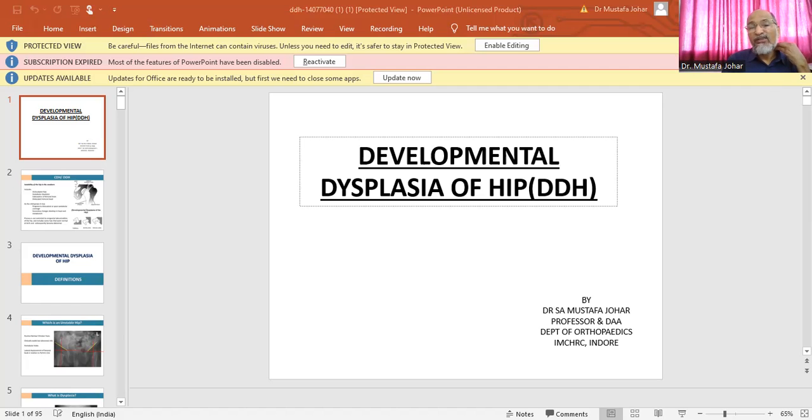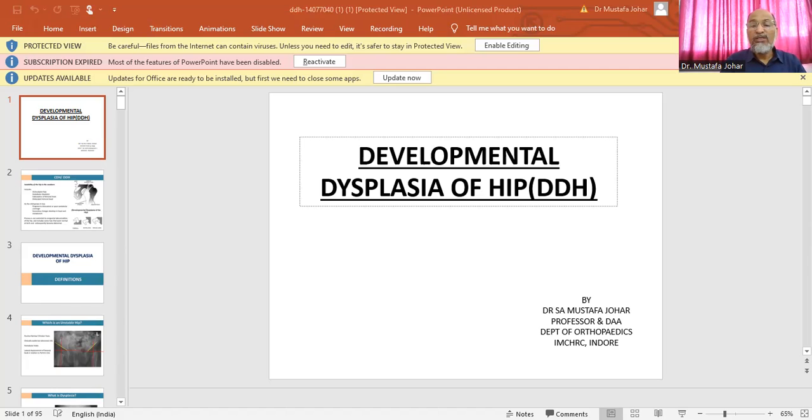Then there may be secondary changes due to the dislocation within the head and in the acetabulum. So the process is not restricted to one point of time, that is in the congenital abnormalities of the hip, but it includes some hips that were normal at the time of the birth and subsequently became abnormal.